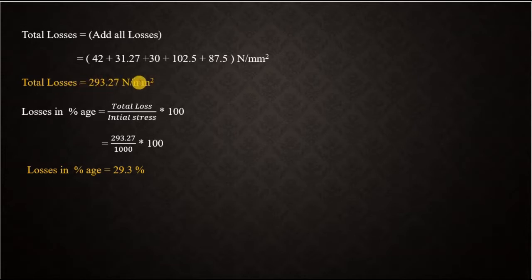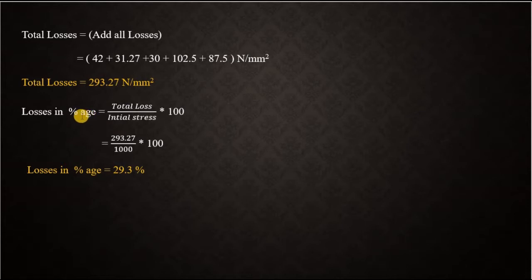This is in terms of stress, Newton per mm square. Losses in percentage equal total loss by initial stress into 100. If I want it in percentage, I can go for this; if I want it in terms of stress, I can go for the other.